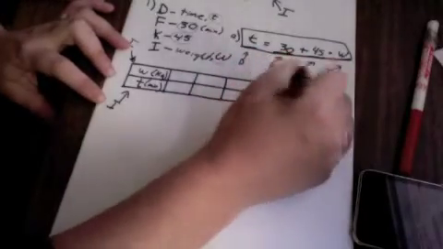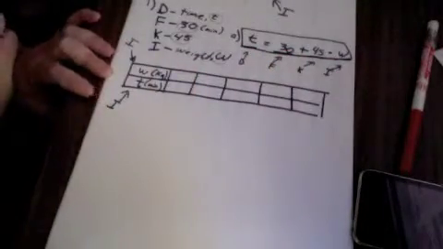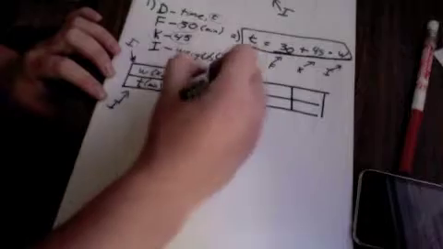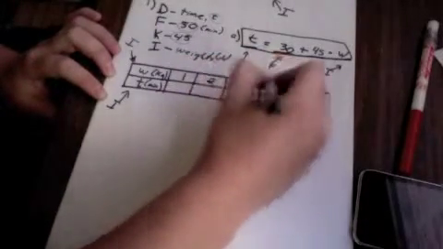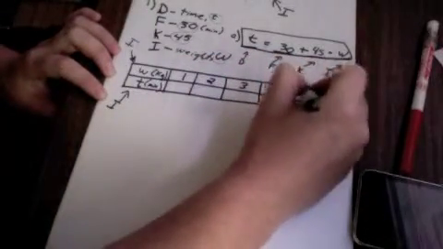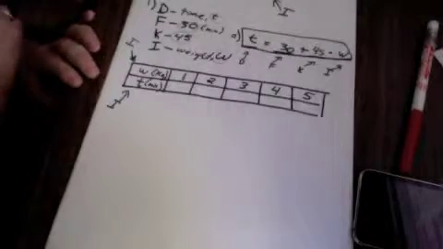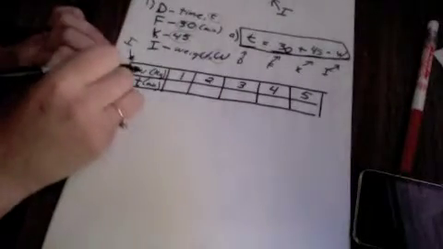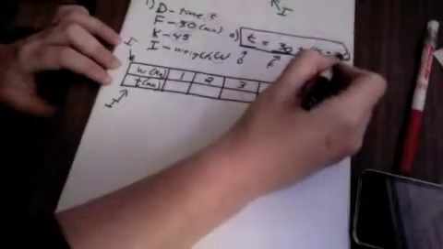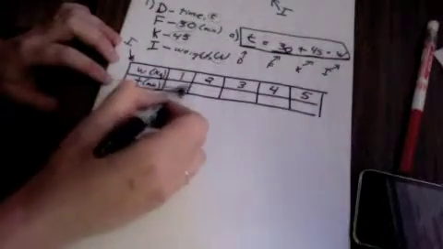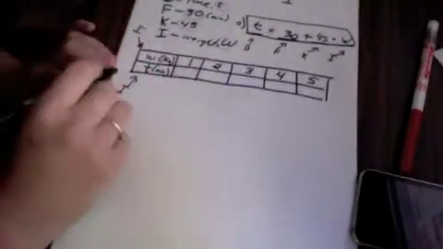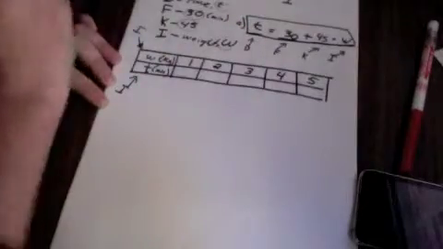Now I can just randomly pick numbers for the independent variable. So I'm just going to pick easy ones: 1, 2, 3, 4, and 5. Now what I need to do is put those W's into this equation here so that I can figure out how much time. All of our calculations are going to be based on this equation right here.